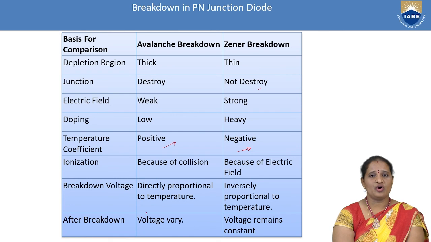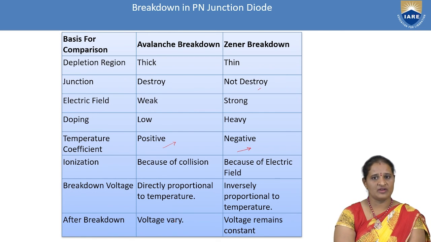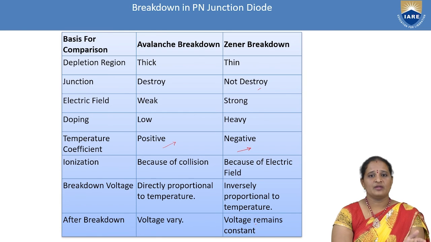As I told you already, after the breakdown, voltage will vary slightly in the case of avalanche breakdown, whereas in the case of Zener breakdown, once the breakdown has occurred, there is a rapid increase in the current for a constant voltage. So that means voltage remains constant even after the breakdown.